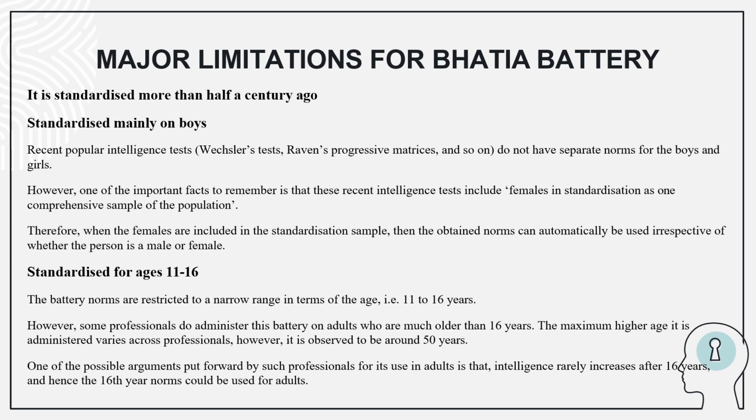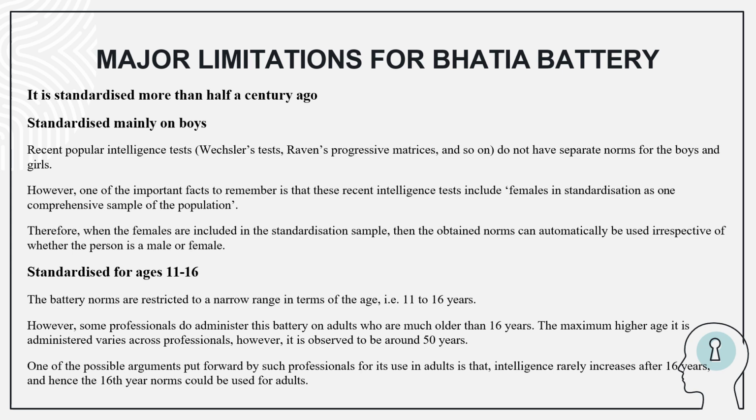Recent popular intelligence tests do not have separate norms for boys and girls. One of the important facts to remember is that recent intelligence tests include females in standardization as one comprehensive sample of the population. So in the modern tests that we are using for IQ, we have not only taken boys or only taken girls.